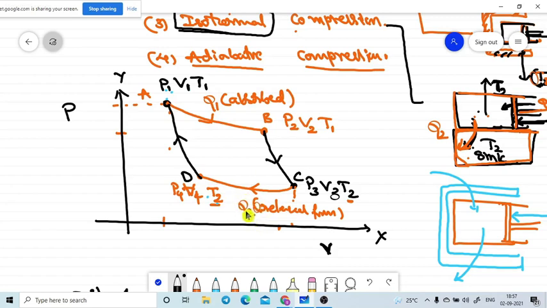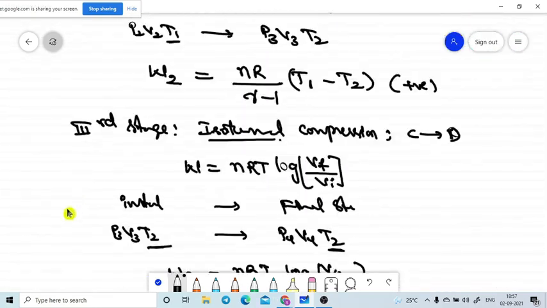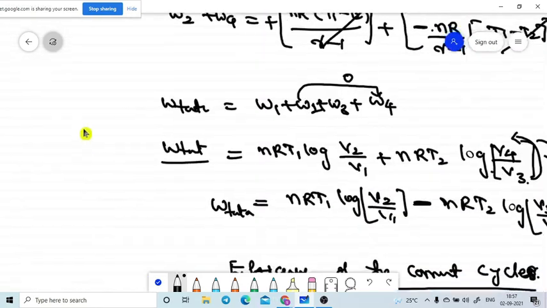But we did not have the relation between W1 and Q1, and W3 and Q2. We don't know that relation. We need to attach that relation also, so let me get the relation here.